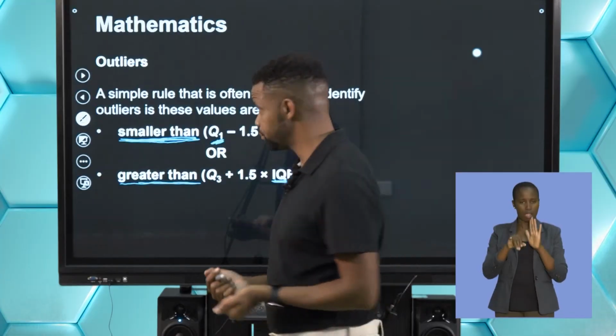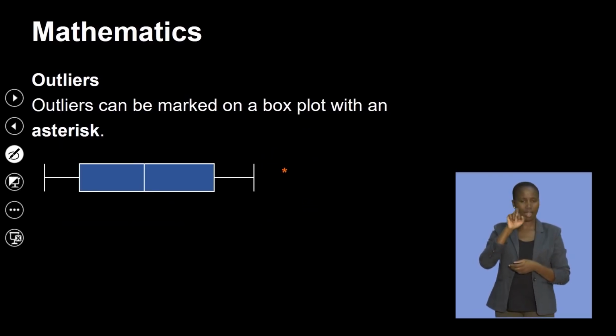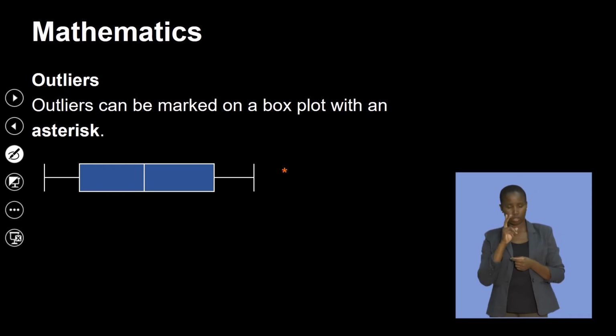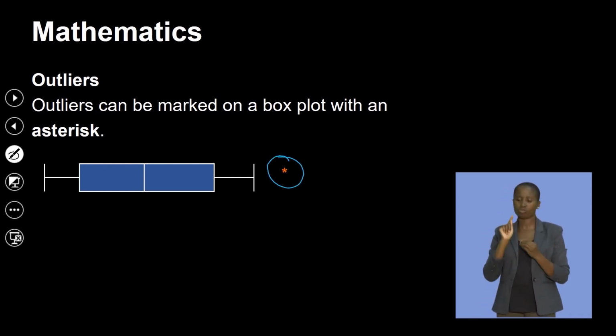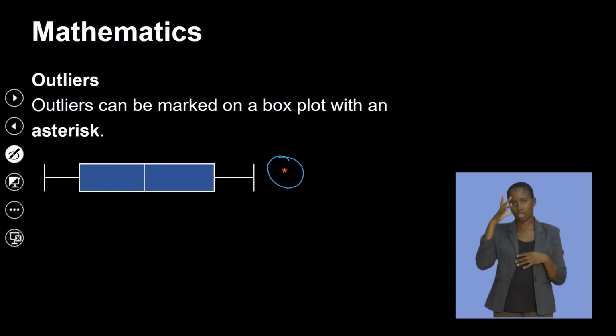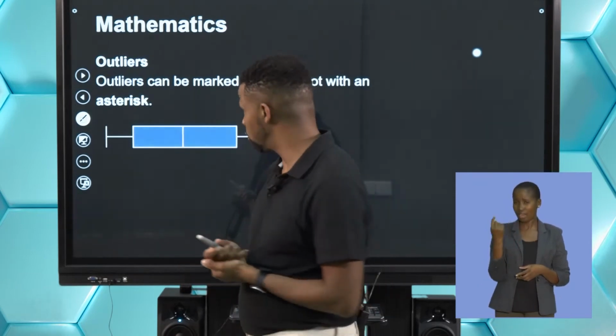Are we together? So let's see how. Outliers can be marked on a box plot or whisker plot using a dot or an asterisk like that. Say, oh, 100 is an outlier, okay, on our whisker plot.